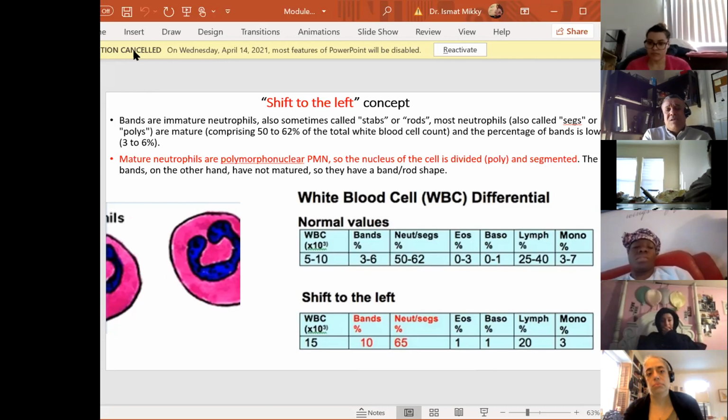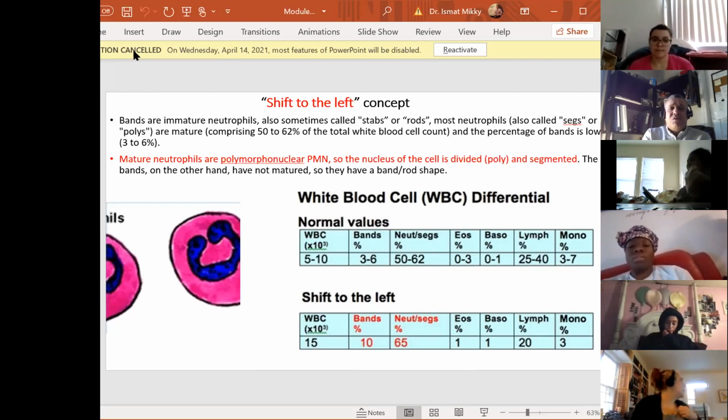When you read the white blood cell results, we have the neutrophils, eosinophils, monocytes, and then you get to the segmented cells and the bands.